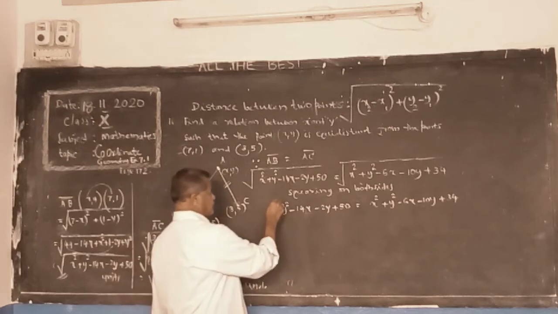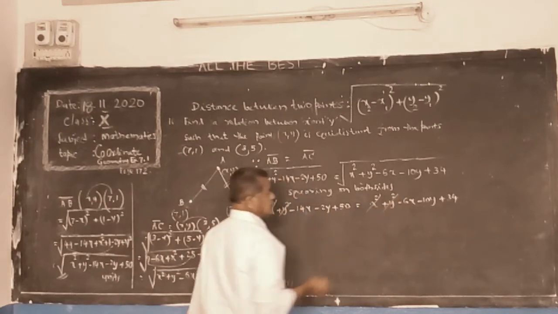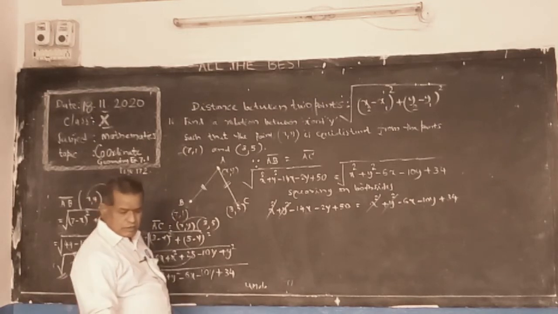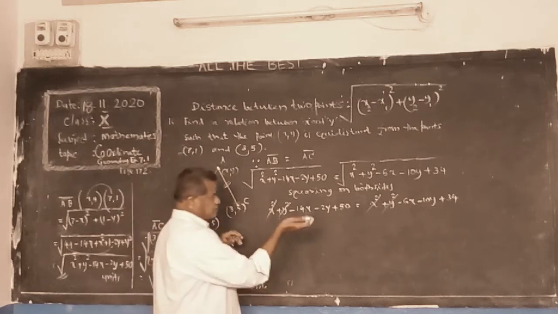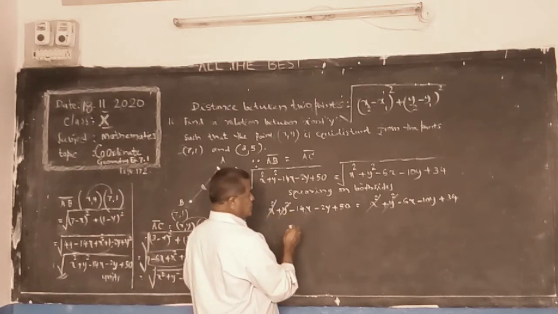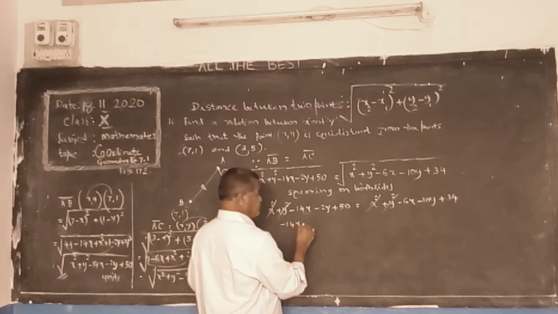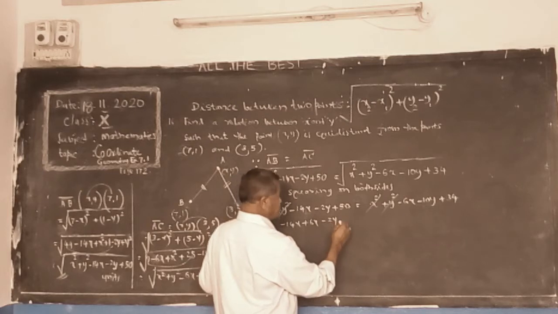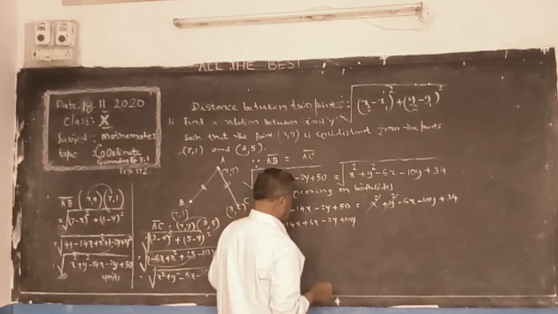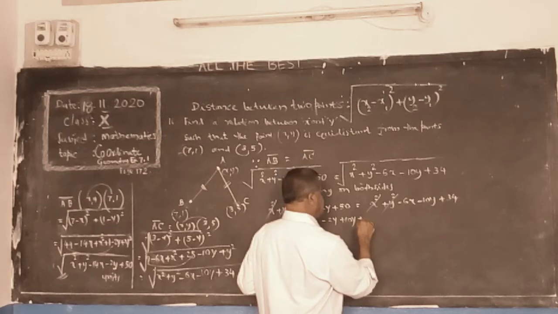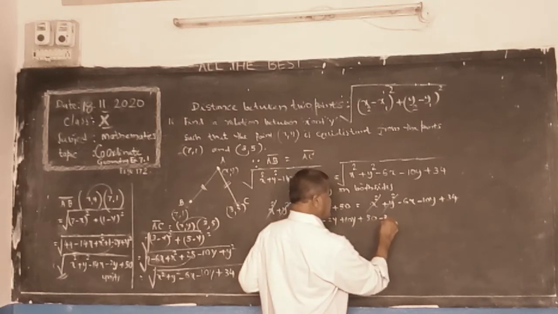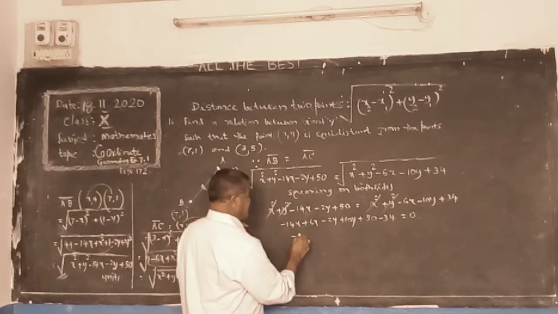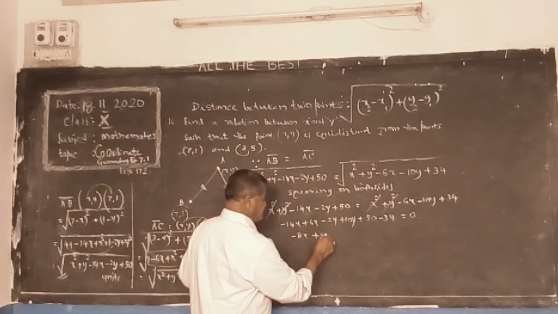Now x squared and y squared cancel on both sides. Let us bring all xy terms to one side and constants to the other to get one equation. Here minus 14x plus 6x becomes minus 8x, minus 2y plus 10y is plus 8y, and plus 50 minus 34 is plus 16, equal to 0.